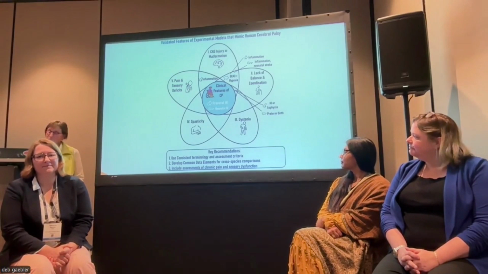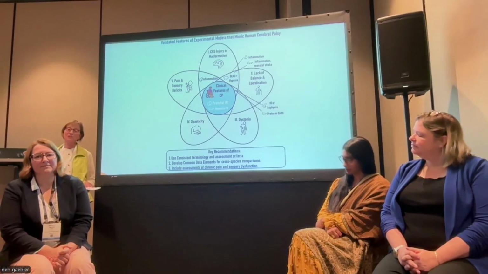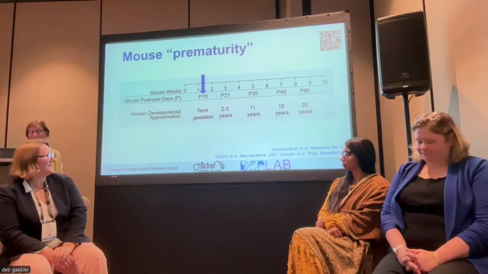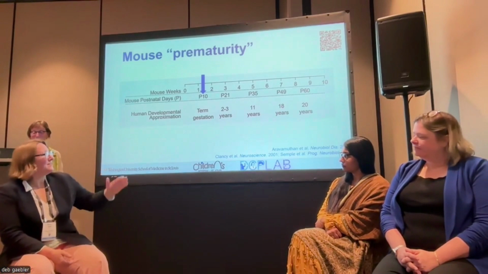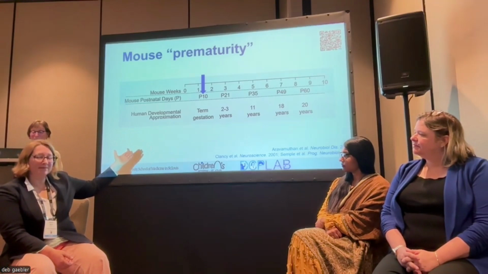Very good. How do you account for the critical timing of brain development and injury in the animal compared to the human? In rodents, like mice that are pictured here in their timeline, brain development at postnatal day 10 is equivalent to a term-born infant. So injuries that might model CP typically are delivered before postnatal day 10, but can often be delivered after birth.